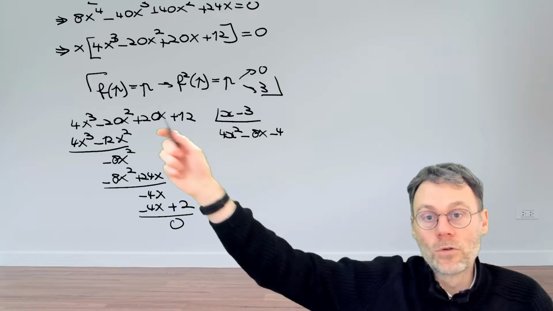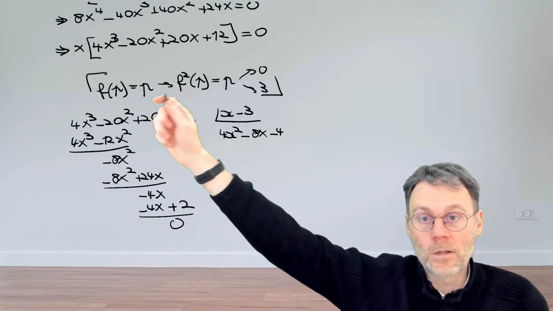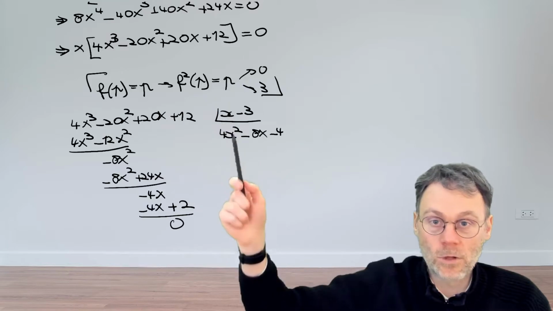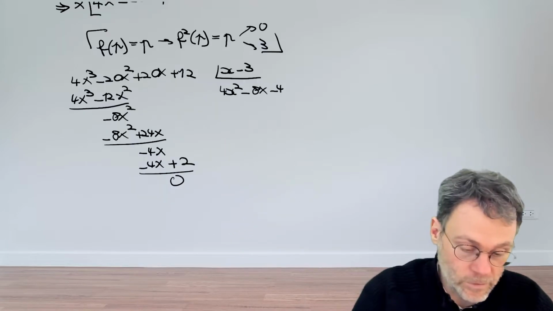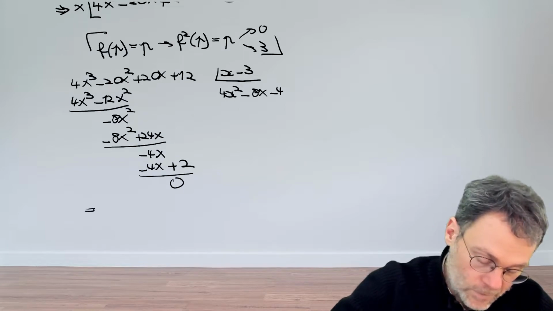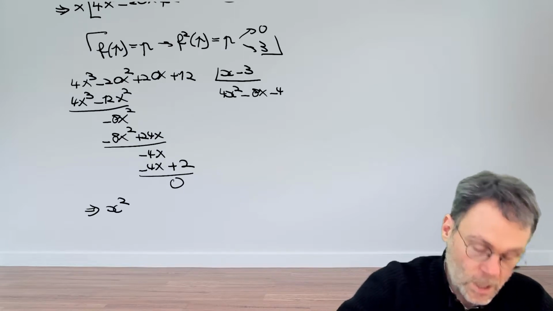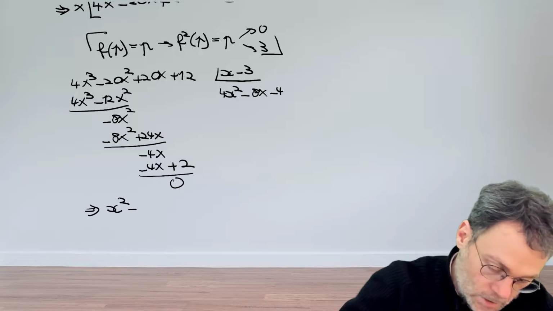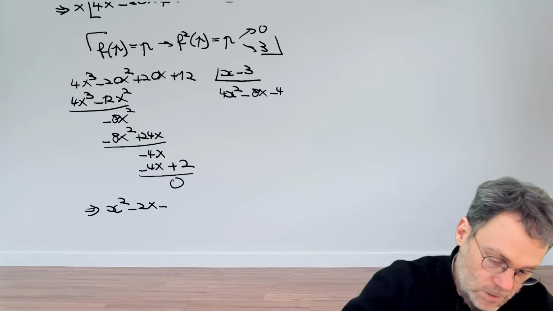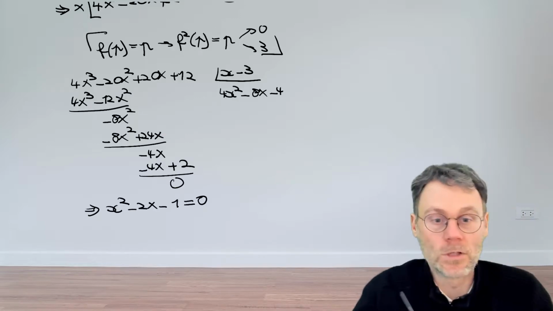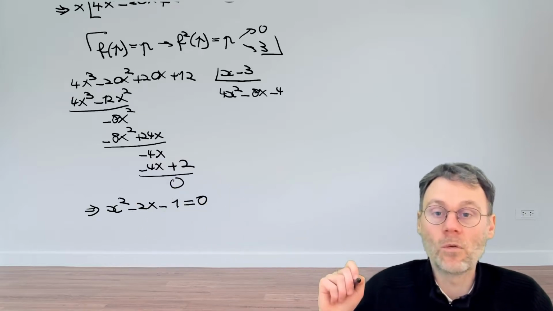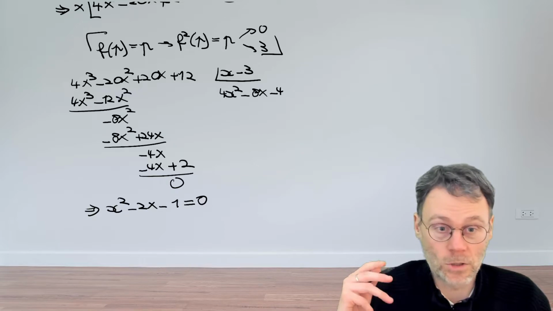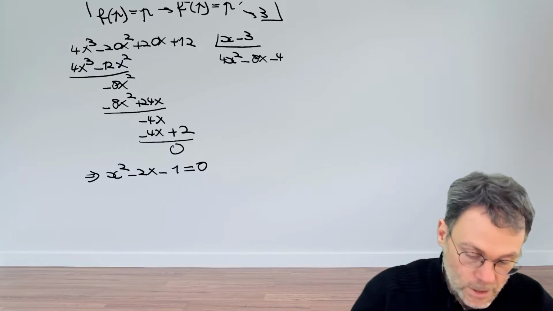So now we've reduced the problem of finding the zeros of that cubic polynomial to the much more pleasant problem of finding the zeros of a quadratic equation. Actually we can divide everything by 4 to give us the equation x squared minus 2x minus 1 is equal to 0. If we find the x's that satisfy this equation, we will have found the period 2 points of our orbit. Luckily, that's quite easy.